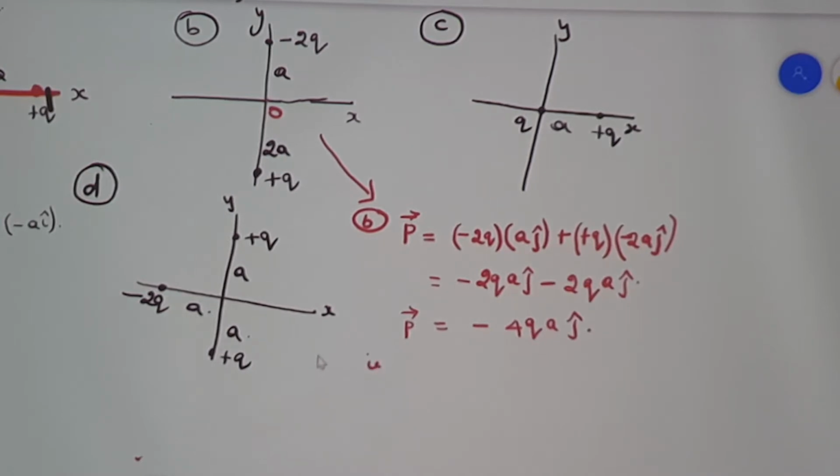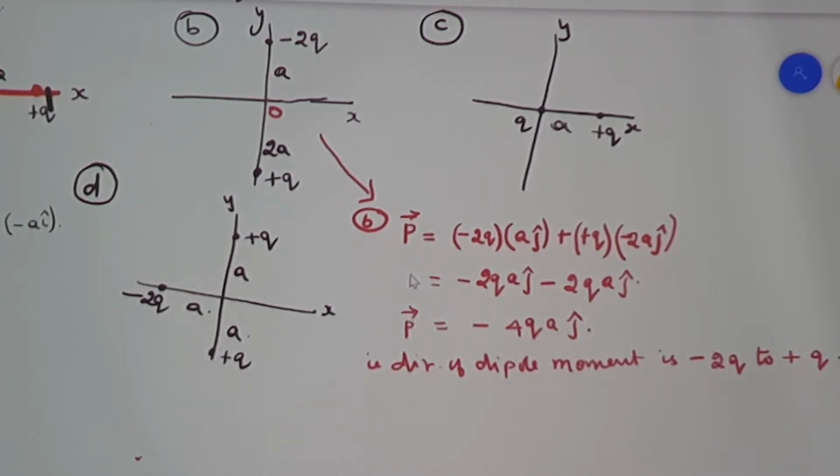As we know, the direction of dipole moment is always from negative charge to positive charge, here from minus 2q to plus q. This we consider as the answer for the second one.